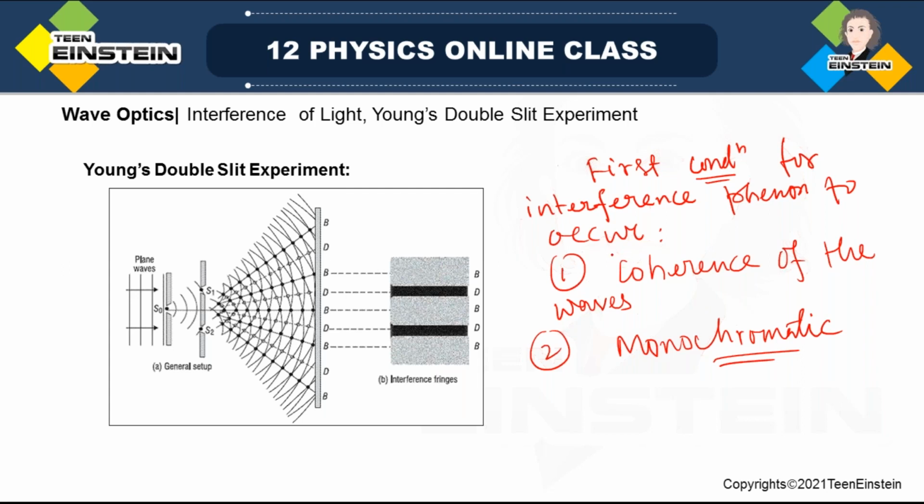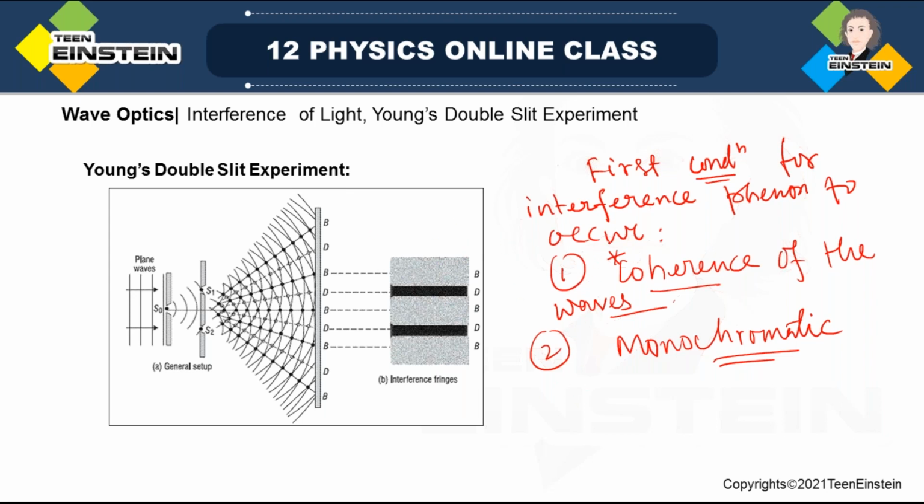The main challenge is to experimentally produce two coherent sources of light. It is very, very difficult. It is not easy to find a pair of coherent sources of light.